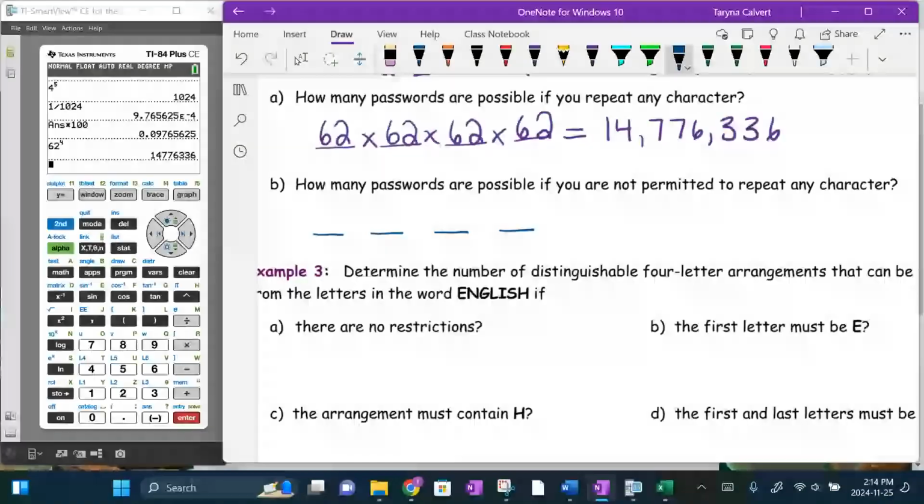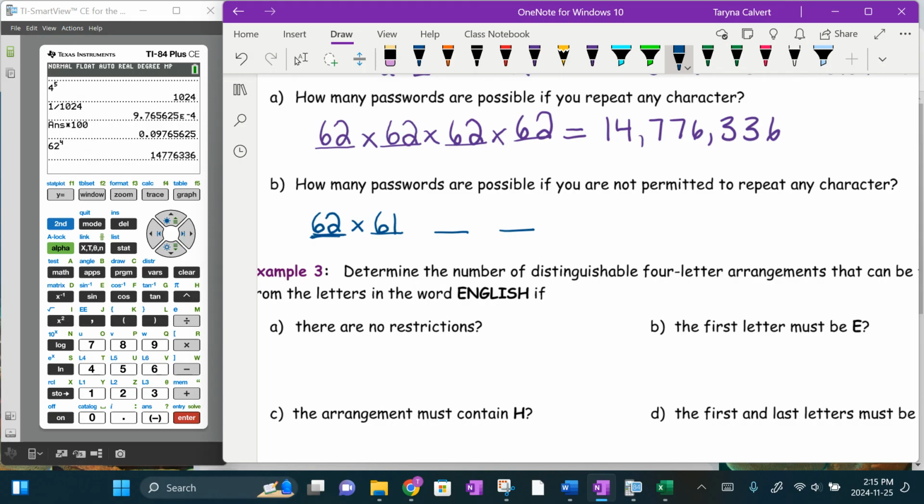So if I choose my first part of my password first, I have 62 choices. If I choose the second part right beside it, I have 61, because only one can't repeat. So if I chose a lowercase p for the first one, that's now gone. I can't pick it.